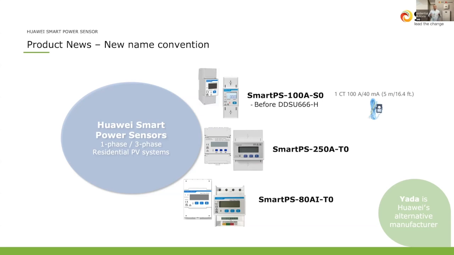If you look at the naming convention, we start with the shortened version of smart power sensor, Smart PS, continuing with the current measurement range of the CT, 100 amperes, continuing with the termination S0 for single phase. This type of single-phase smart power sensor includes, in its standard configuration, one CT with a current measurement of 100 amperes.